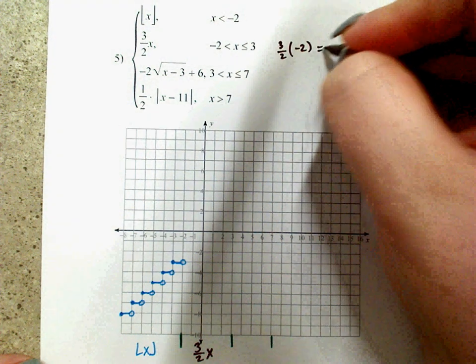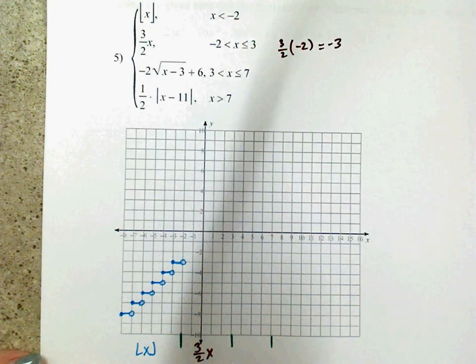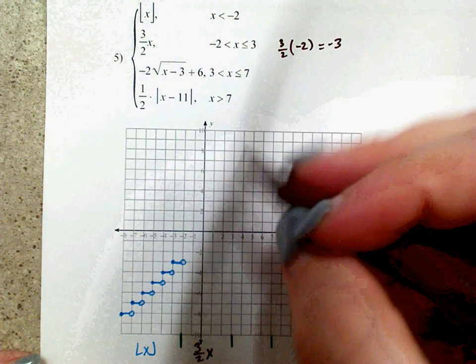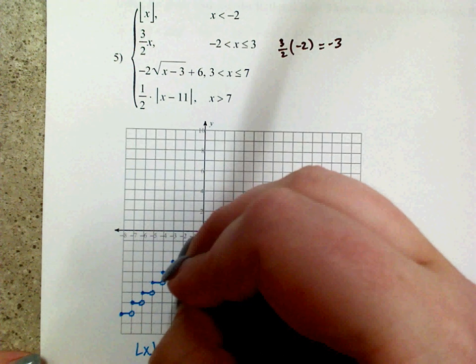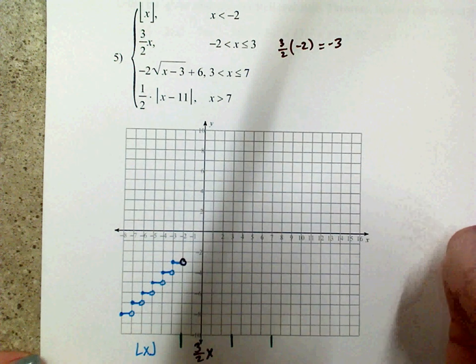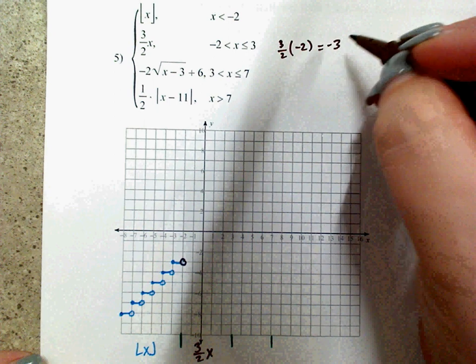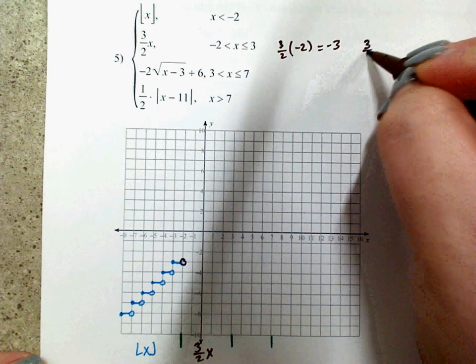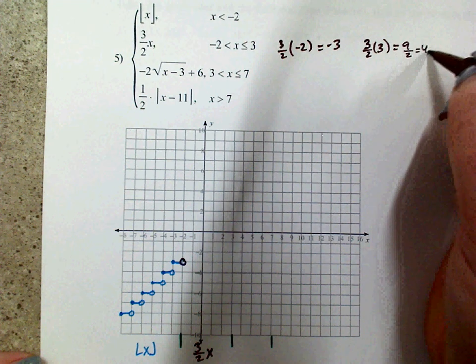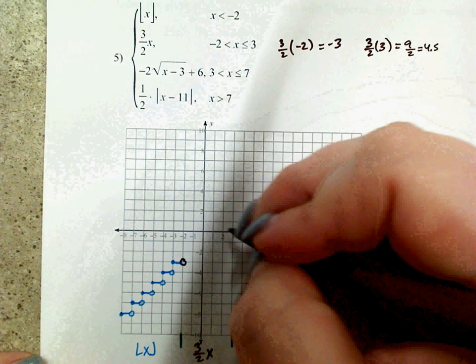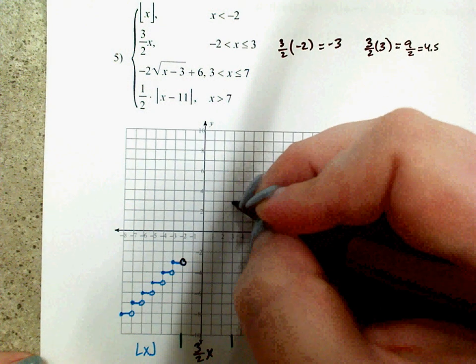So I know that this linear function at -2 is -3. It still doesn't exist there, so I'm going to leave that as an open circle. Okay. And then when I plug in 3 halves times 3, I get 9 halves, which is 4.5. So at 3, I'm going to go to 4.5. And that is a closed circle.